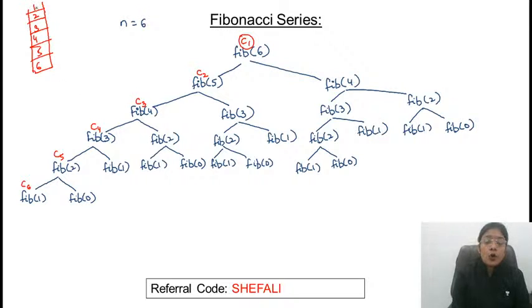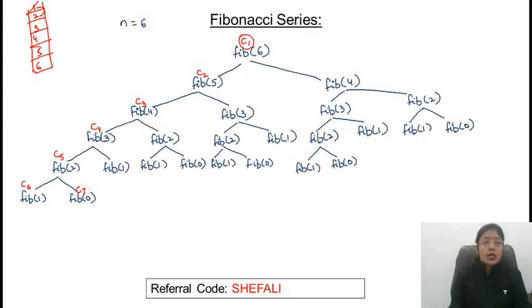Once you get the value of 1 and 0, you will get the value of Fibonacci of 2. This means that to get the value of Fibonacci of 2, we need to get the value of Fibonacci of 0. So this is function call 7.